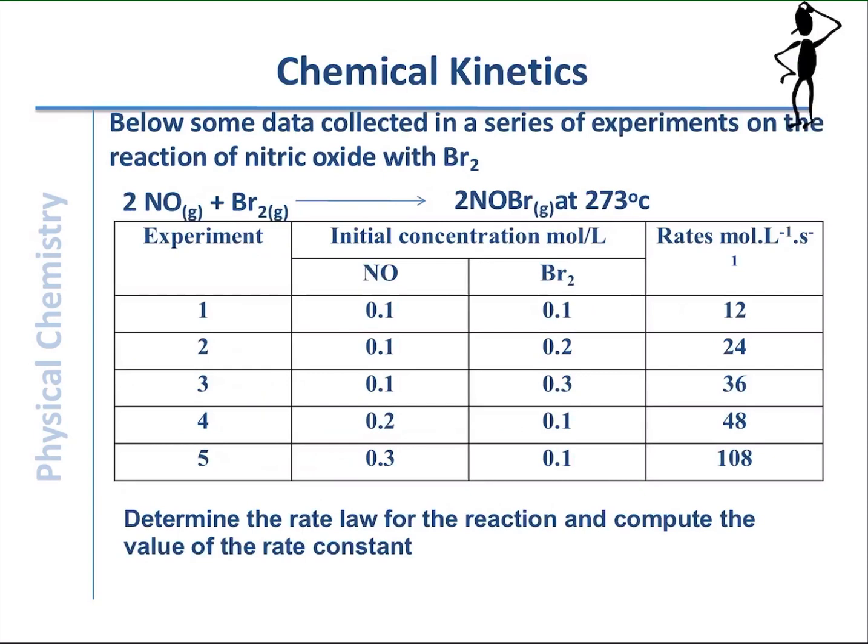So to know the reaction order of nitrogen monoxide, you have to choose two experiments in which the bromine concentration is constant.